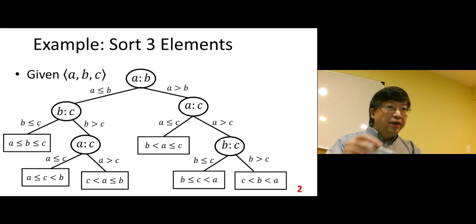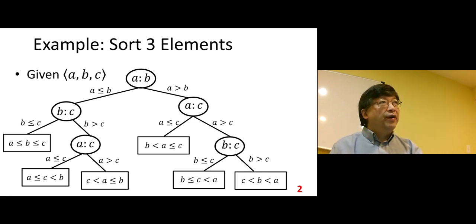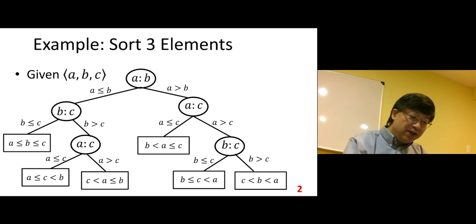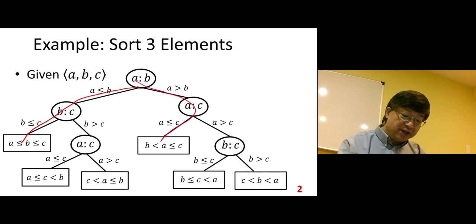So now you can see this is the whole decision tree for a sort that sorts a 3-element array. Like this, you can see the best case and worst case. This is the best case. This is another best case.